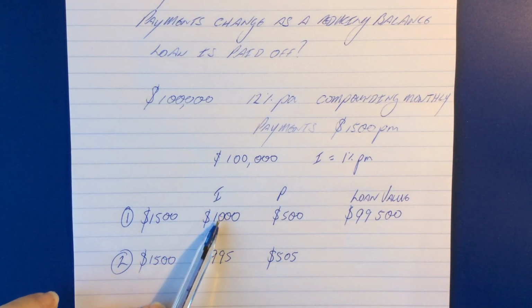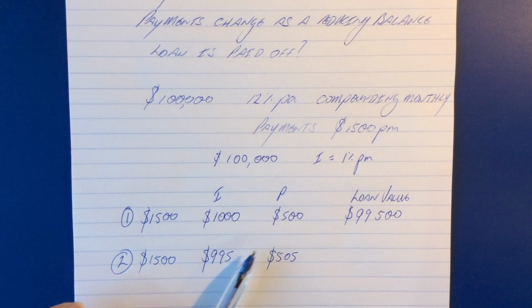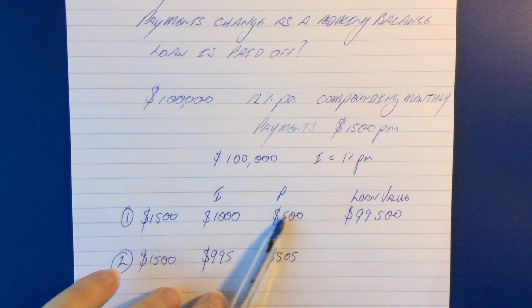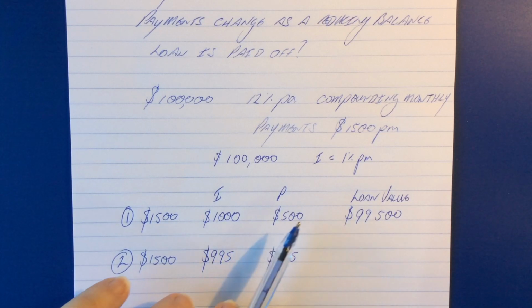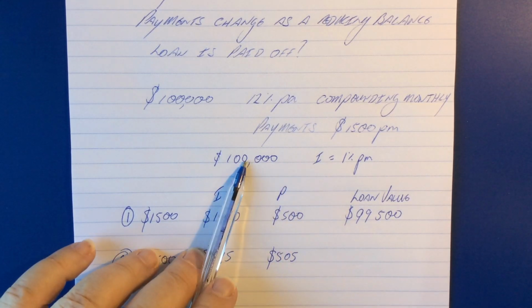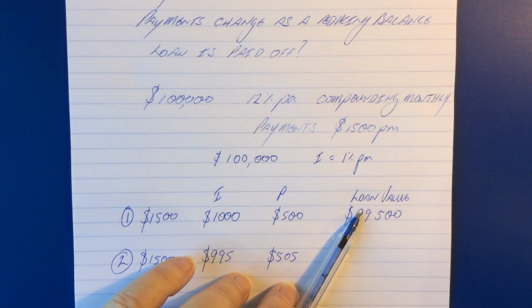Now already you can see that the interest payment has changed, the principal payment has changed. That's gone down by $5, that's gone up by $5. There's a relationship there. If you add these two numbers, you get that. If you add these two numbers, you get that. If you take that away from that, you get that.